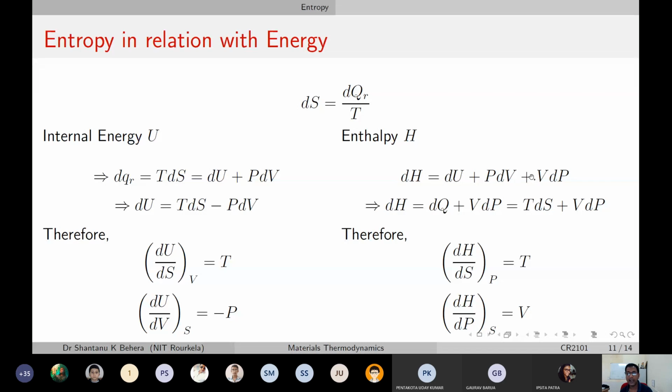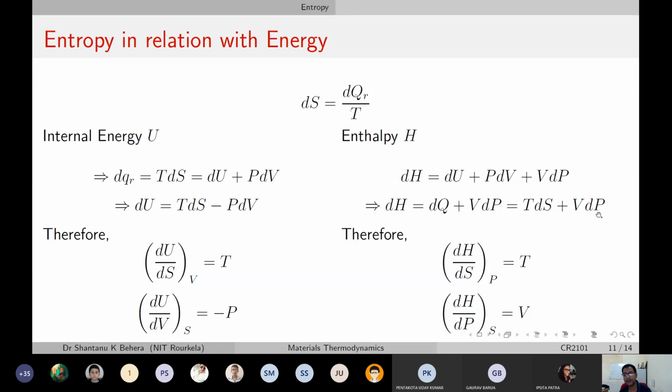Right? And then you see that dU plus pdV, according to the first law, you can write that as dQ. So this becomes dH is dQ plus Vdp. And this dQ by definition is TdS, because that's the basic definition of entropy. So instead of dQ, if you write TdS, then dH becomes TdS plus Vdp.